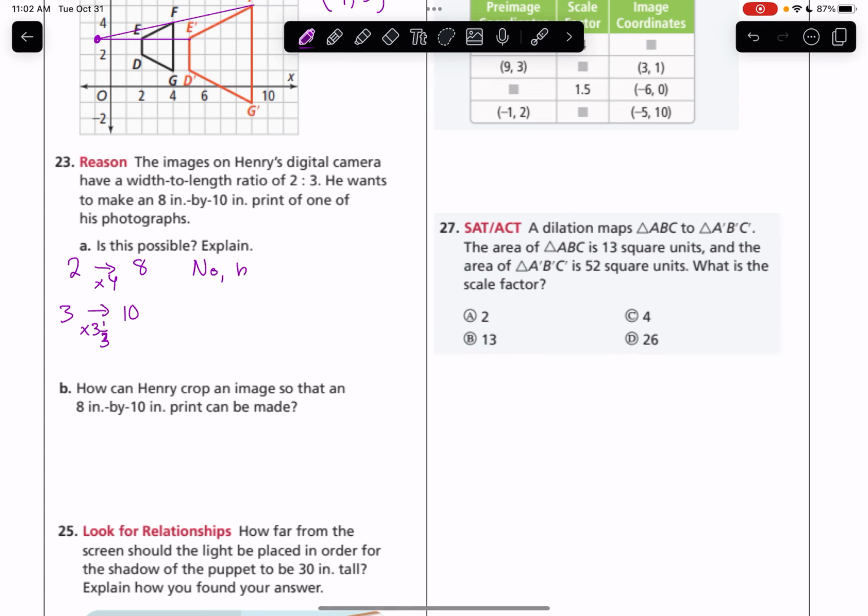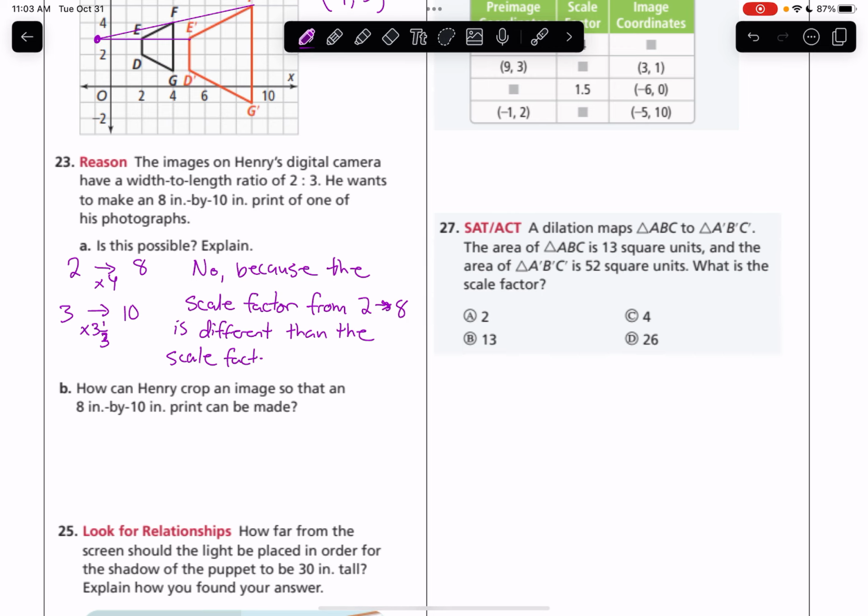So no, because the scale factor from 2 to 8 is different than the scale factor from 3 to 10.